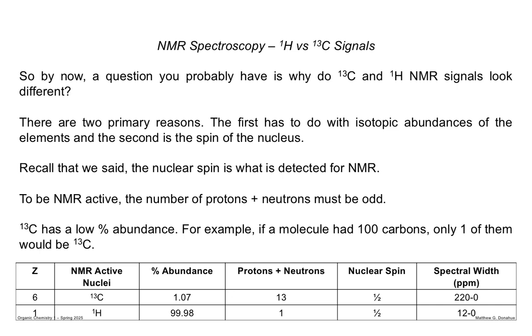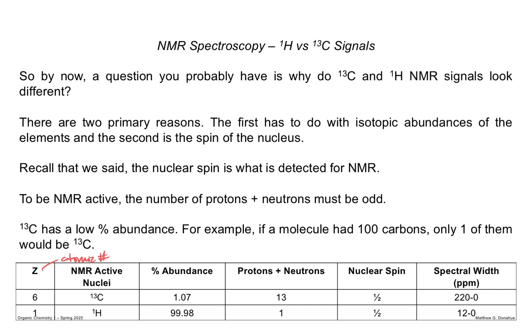So again, it has to do with isotopes, and we saw in mass spec these different elements can have isotopes where the number of neutrons changes. In the table here, again, we see the atomic number. Carbon is 6, hydrogen's 1. And then it says NMR active nuclei.